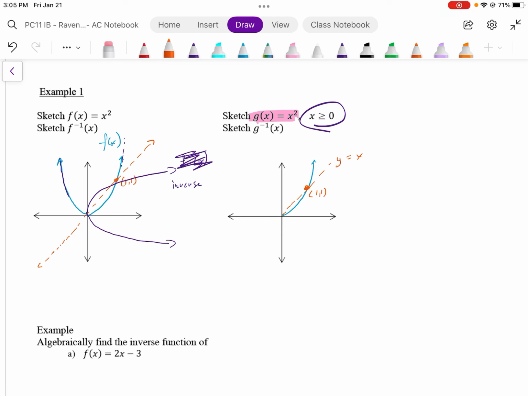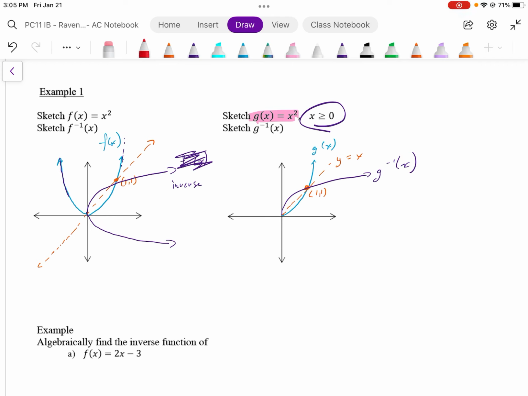What you'll notice is that my new function, g of x, actually passes the horizontal line test. That is, there's this one-to-one option. For every x value, there's only one y. And for every y value, there's only one x. It's really important. I'm going to graph the inverse, and what we see now is that we have an inverse function.